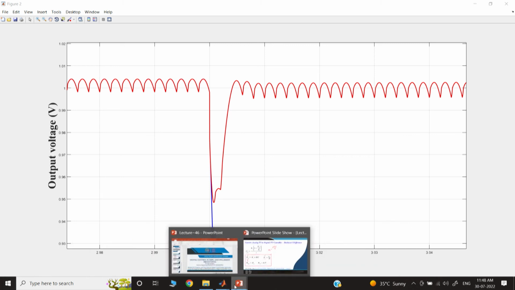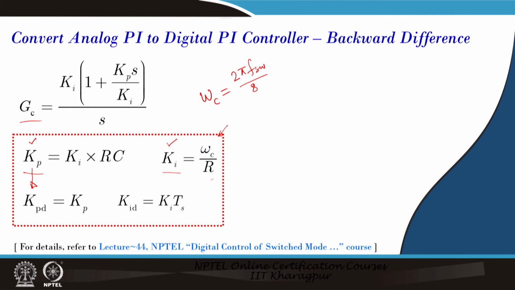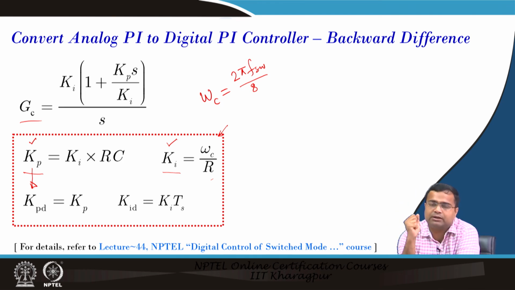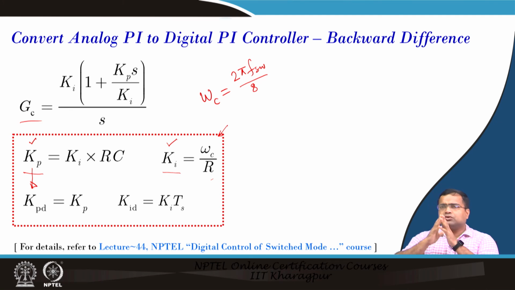So, in summary, we have considered that because of the delay, it will take time to respond. That is why in many commercial products, they try to increase the sampling frequency during transient to speed up.